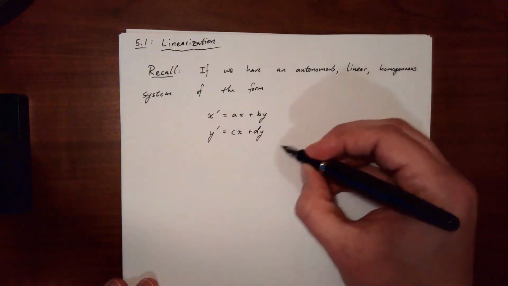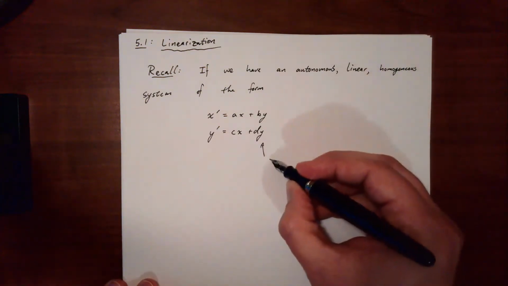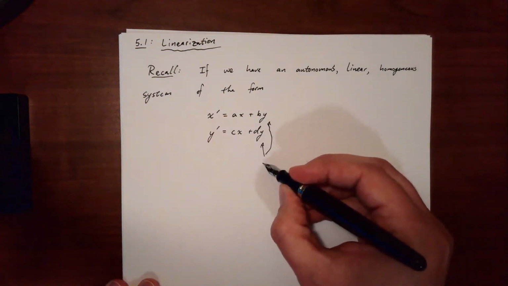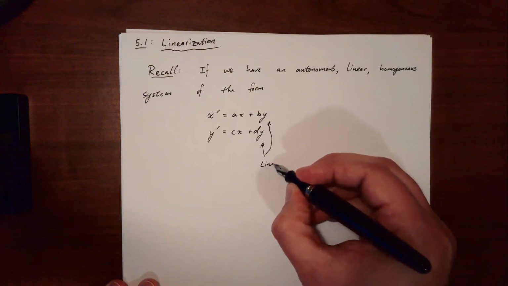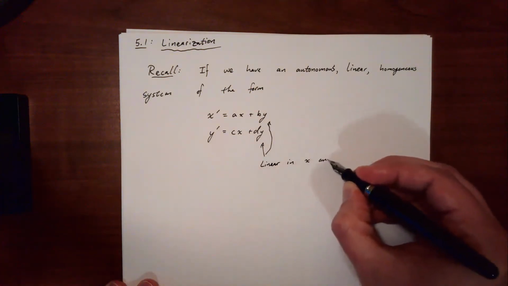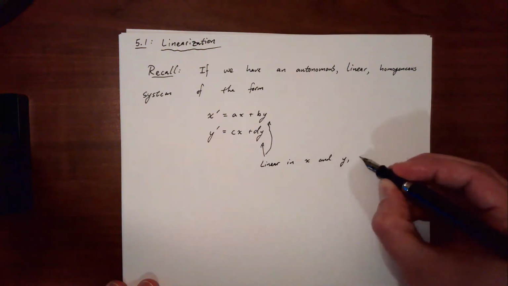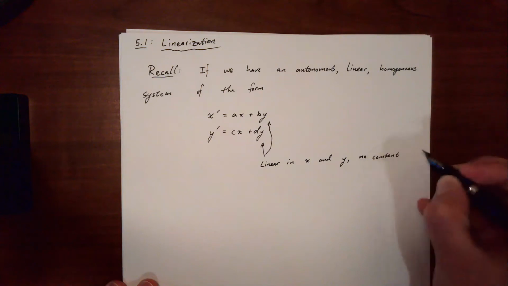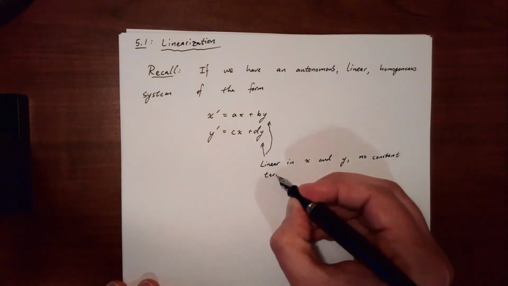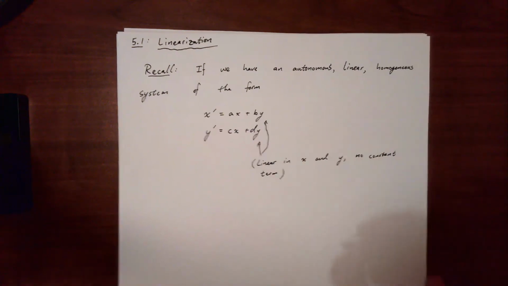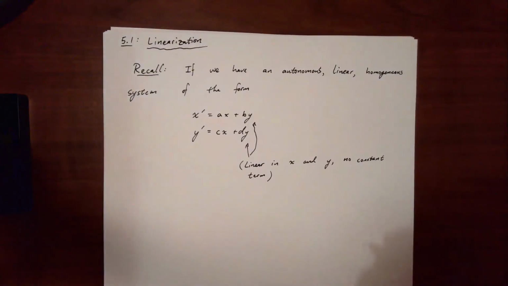So notice that both of these are linear in x and y, and there's no constant term. That's the important thing. So that's what's at stake in the systems that we've looked at so far.